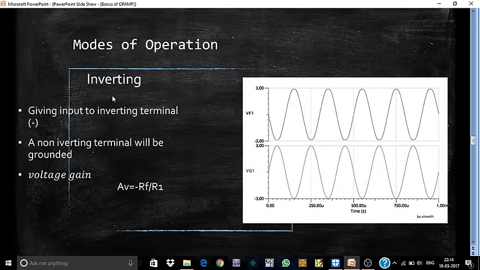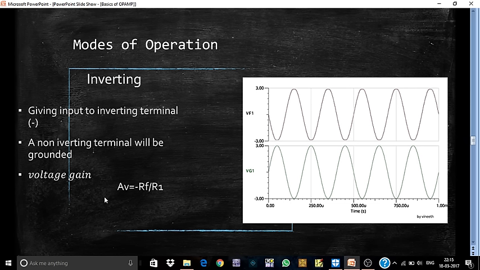And now the three modes of operation of op-amp. The first is inverting. We give input to the inverting terminal, where the output is the inversion of the input, and the non-inverting terminal is grounded. The voltage gain formula is AV equal to minus RF by R1, and RF and R1 should be designed in a way that we get a particular gain.